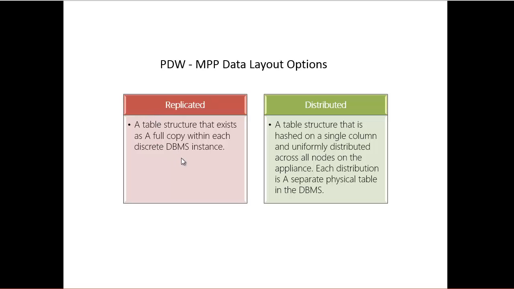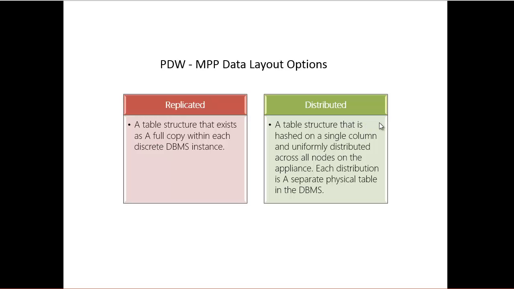Replicated tables are tables where a copy of each one is created on each of your compute nodes. So what that means in practical terms is when you execute one create table statement from your control node, because that's all you connect to, that actual create table statement is executed on each of the processing or compute nodes.